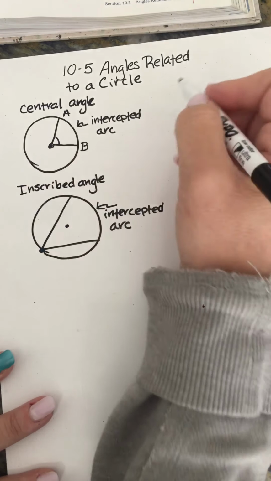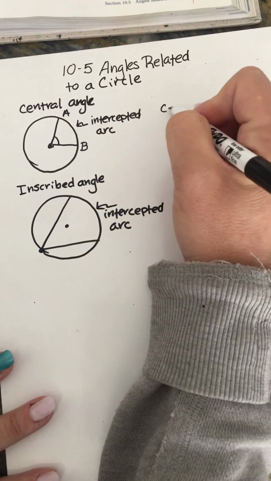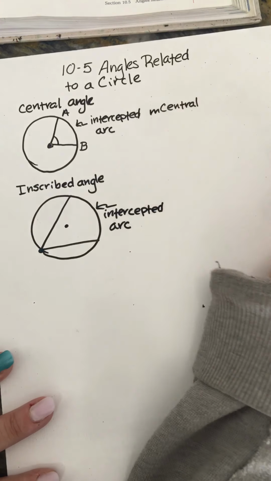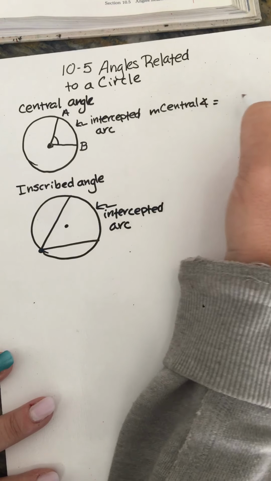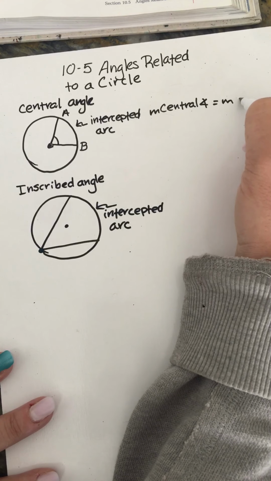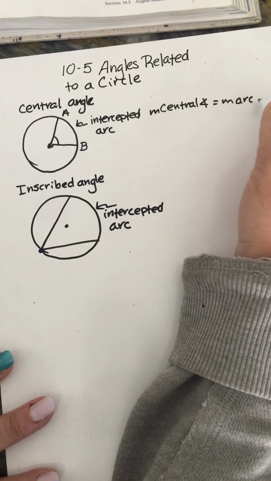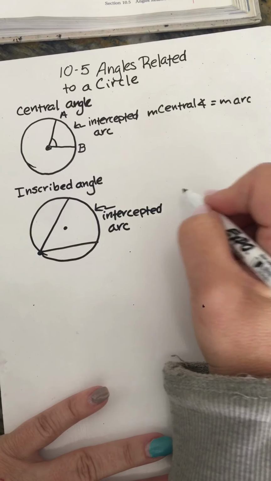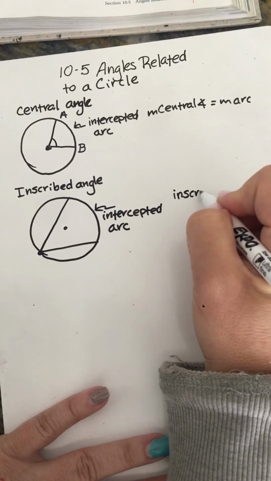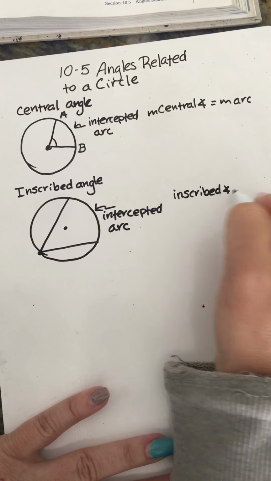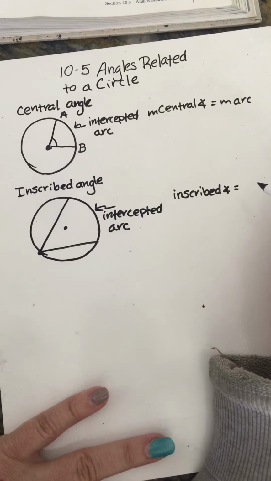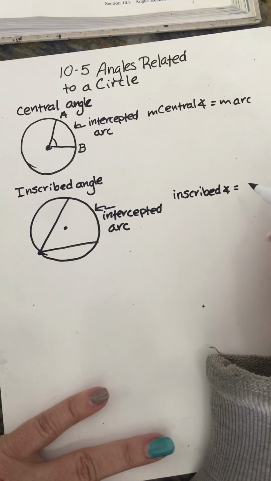Okay, in this case here, we said the central angle measure, I'll put a little m for measure. Measure of the central angle is equal to the measure of the intercepted arc. In this case, however, the inscribed angle is equal to half of the measure of the arc.